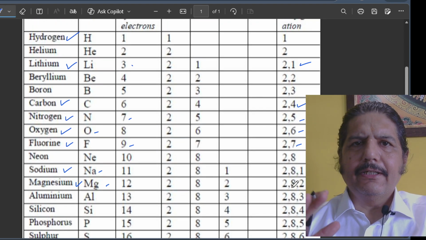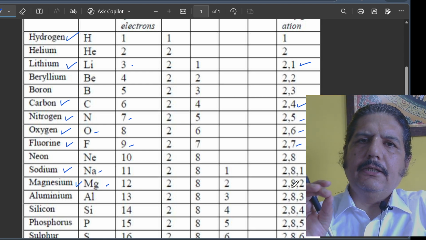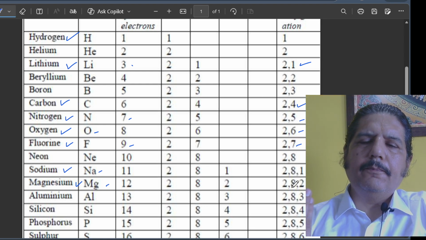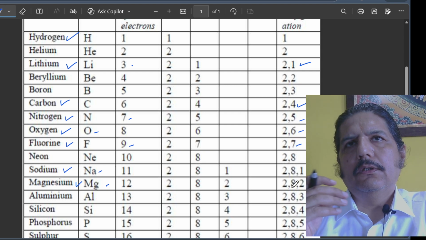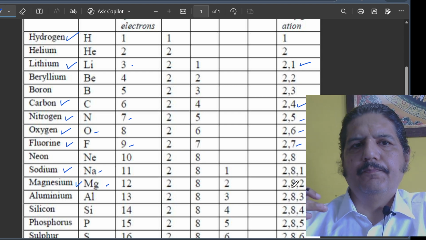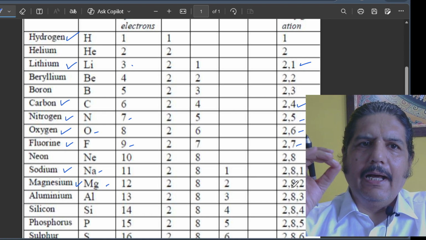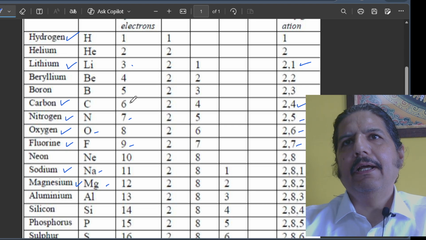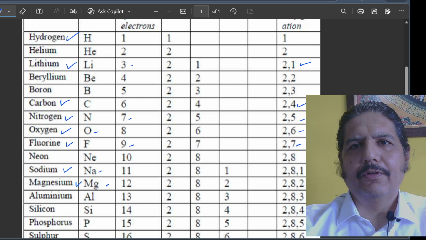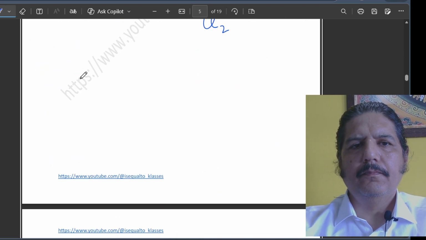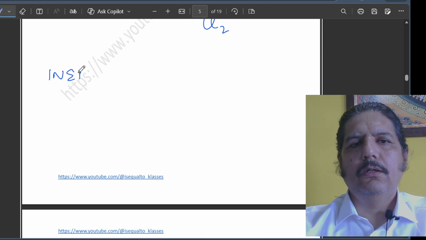So once we are done with this, there's a second simple thing that you need to understand: what does an element aspire for? Basically, the element aspires for an inert gas electronic configuration. I'll write it here: inert gas electronic configuration.